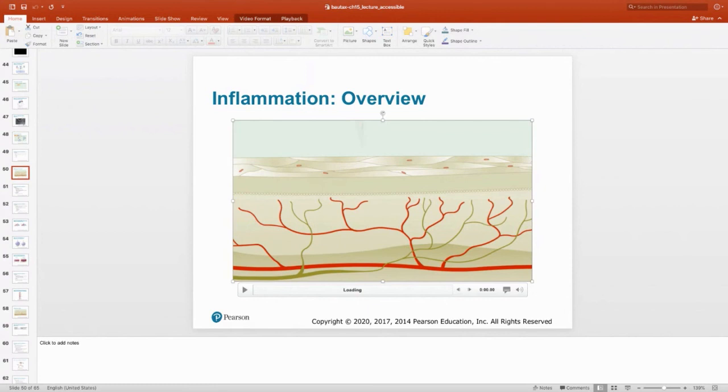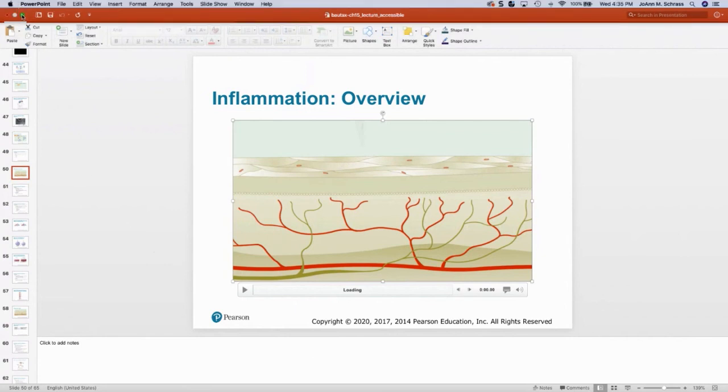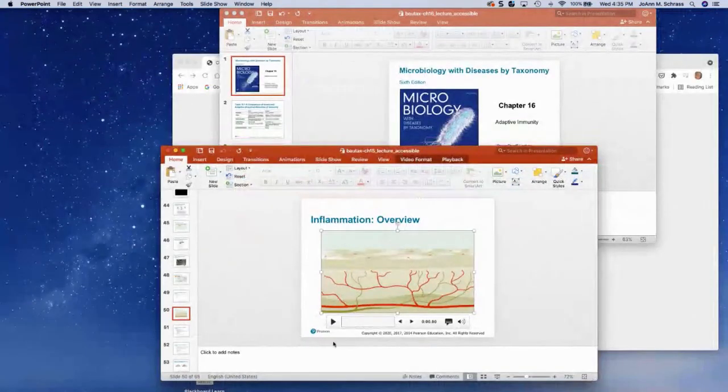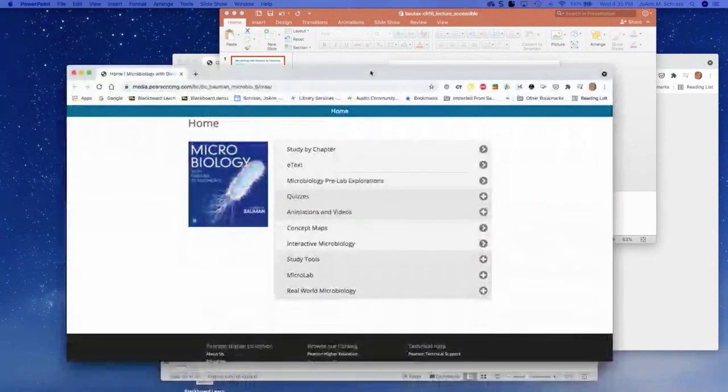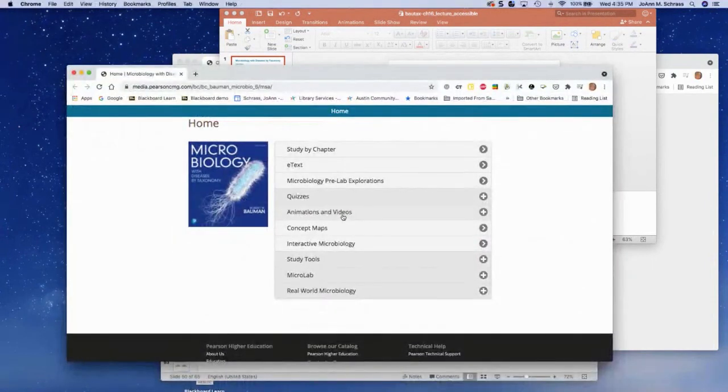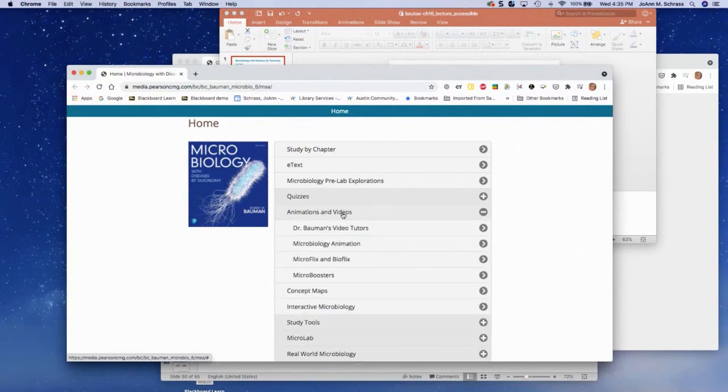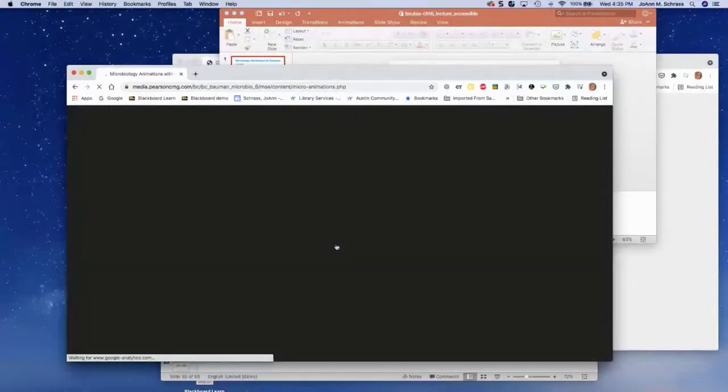Let me just show you what I'm doing. In the study area of Pearson, there's a place for animation and videos. I'm not sure if it's here or in the microbioflux.